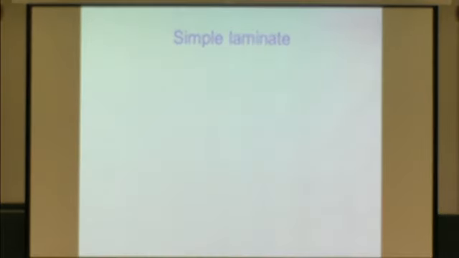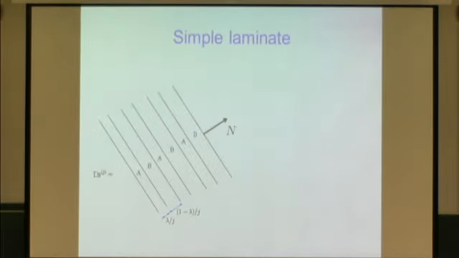So let's see an example, a simple laminate, like we've seen already in the micrograph. Here, dyj is alternating between values A and B, and of course A minus B has to be a vector tensor producted with the normal. That's the Hadamard jump condition. We'll suppose that the A layers have thickness lambda over j, and the B layers thickness 1 minus lambda over j, where lambda is something between 0 and 1, giving you the relative volume fractions of the A to the B layers.